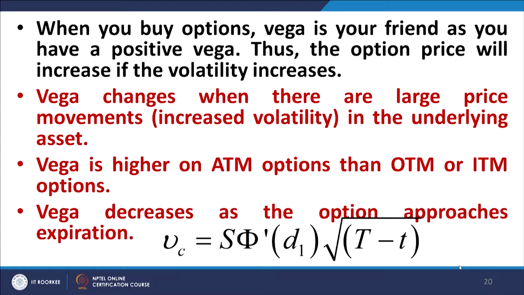So, when you buy options, Vega becomes your friend, because the Vega is positive, and if there is a change in volatility, that will generate profits for you. If you are short in the options, you have a negative Vega, then if there is a change in the volatility of the underlying, it will result in a loss. It will result in a decrease in value of your derivative portfolio.